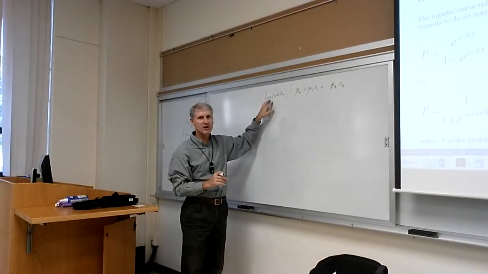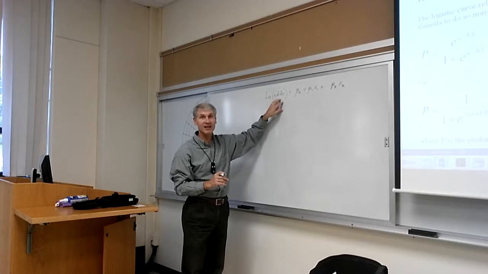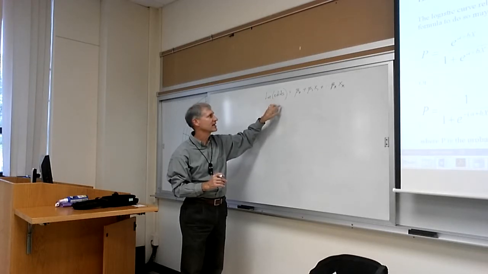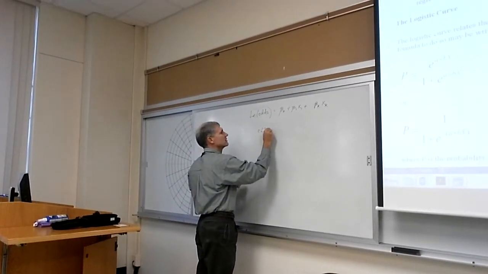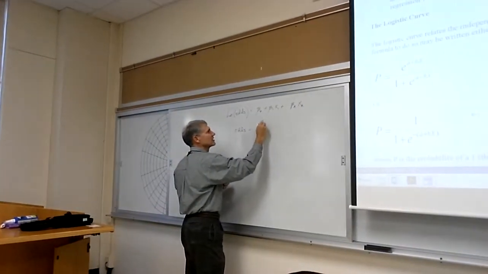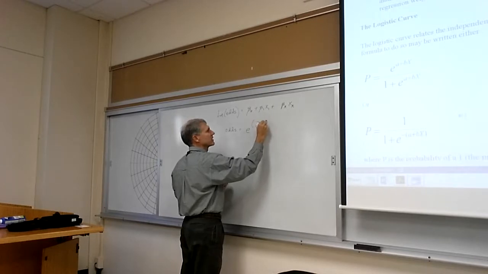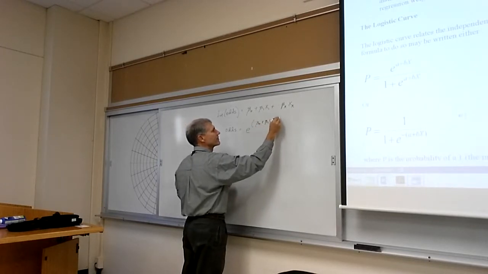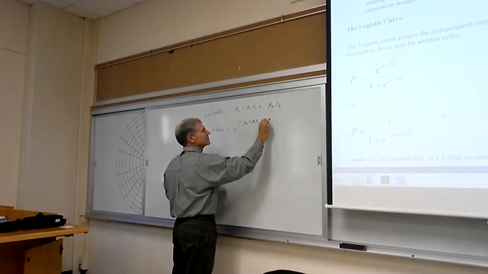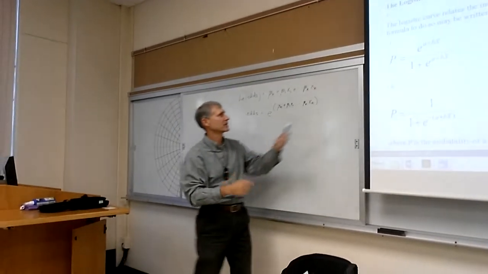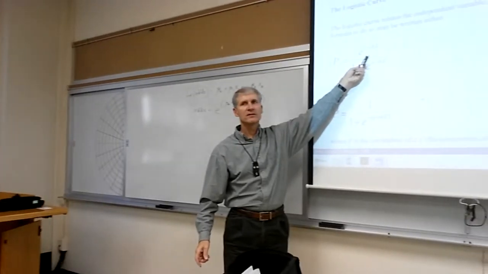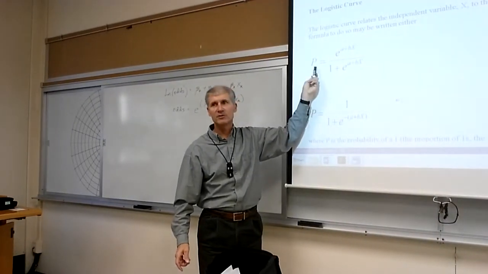Exponentiate the natural log and you get the thing back, so odds would be equal to e to the linear function power. So that's what you're seeing here. So odds over 1 plus odds gives you probability.